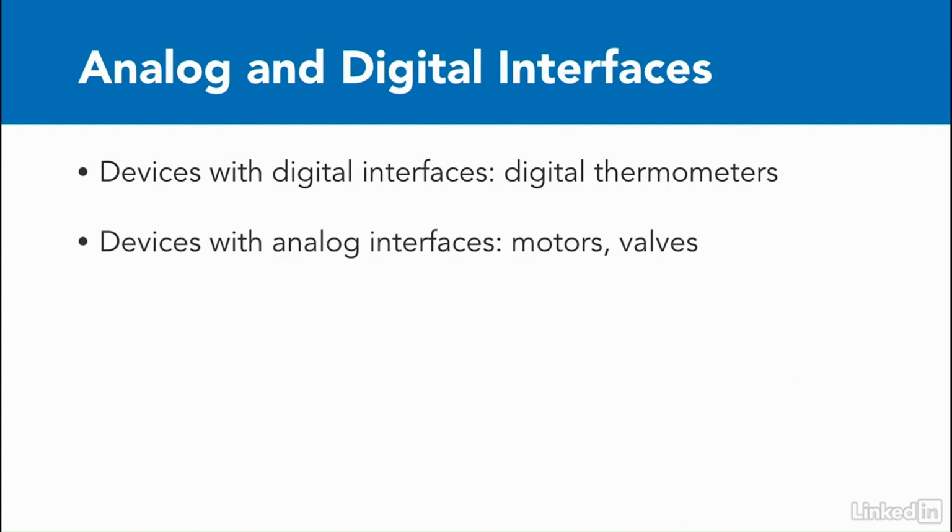For the devices providing analog interfaces, we need to interact with them in analog signals. For example, the analog signals called PWM, which stands for pulse width modulated signals, are commonly used to control the motors. For the devices providing digital interfaces, which are commonly seen on most sensors nowadays, we communicate with them in digital signals.